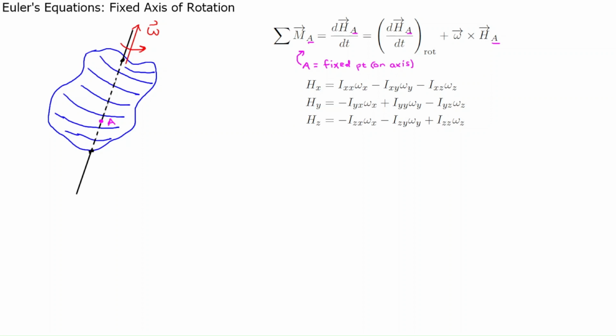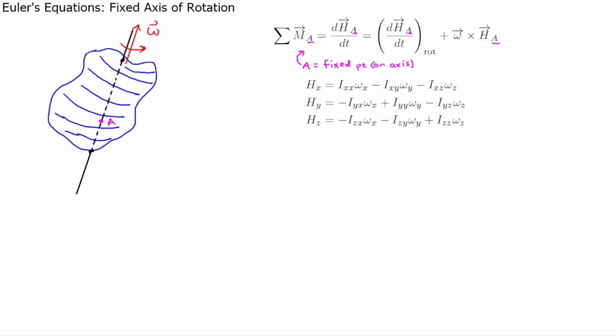So we already know that the sum of the moments about some point, and previously this point A we said either had to be a fixed point in the body or the centroid of the body. Now since we have a fixed axis of rotation, A is going to be some fixed point on the axis. It doesn't much matter what that fixed point is, although the details might work out a little bit differently in each case.